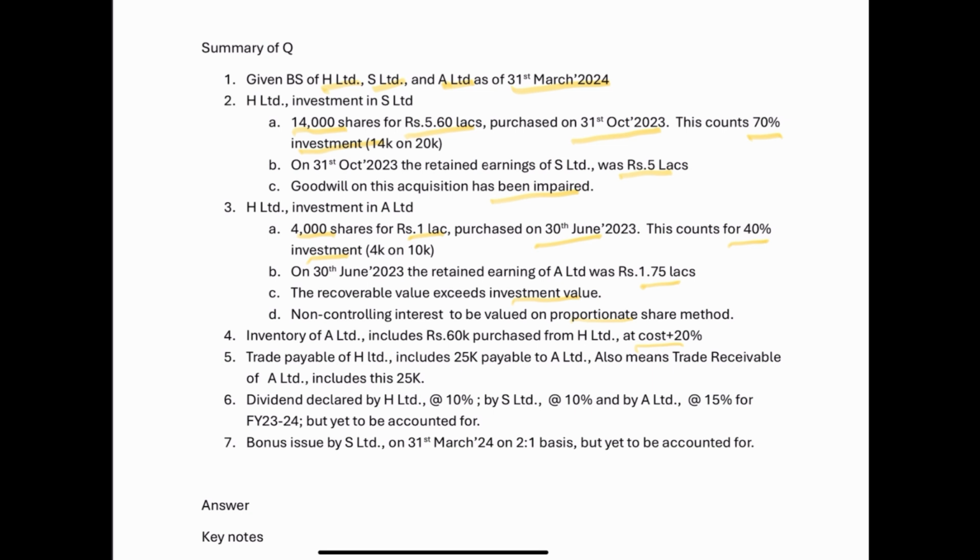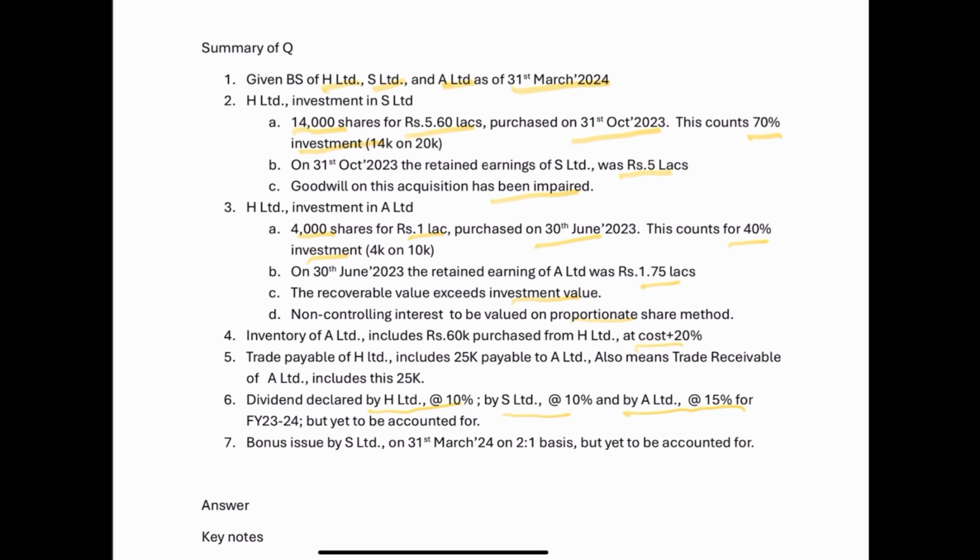The sixth point is that dividends were declared by H Limited at 10%, S Limited at 10% and A Limited at 15% for the financial year 23-24, but they say it is yet to be accounted for. The seventh point is a bonus issued by S Limited on 31st March 2024 on a 2:1 basis, which is also not yet accounted for.